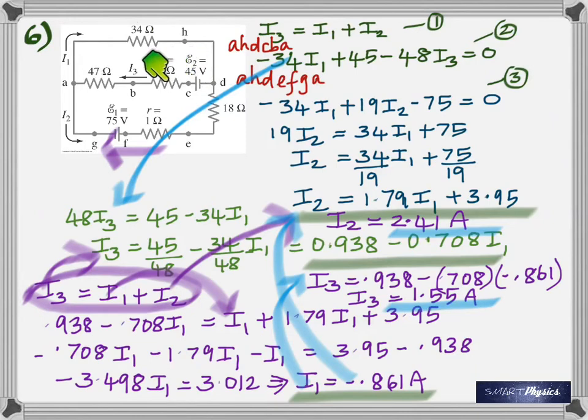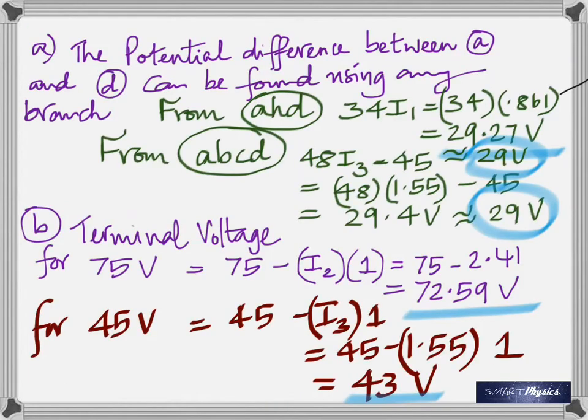So what I did is actually taking the potential difference here by multiplying current I1 with this resistance, and then finding the potential difference here by multiplying I3 with the total resistance here, and also including the battery there. So that's what you find.